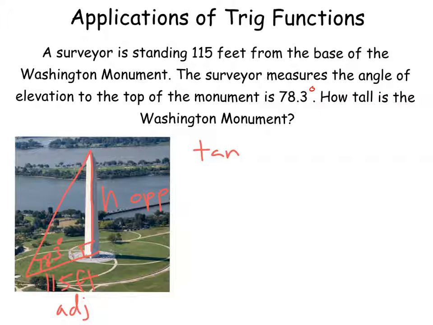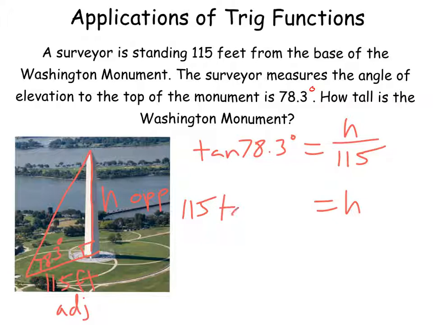If I look back at my list of trig ratios, I see that tangent is going to be my winner. That's opposite over adjacent, so I'd say that the tangent of 78.3 degrees equals the height of the Washington Monument divided by 115. And once you have that, they're not bad at all to solve.